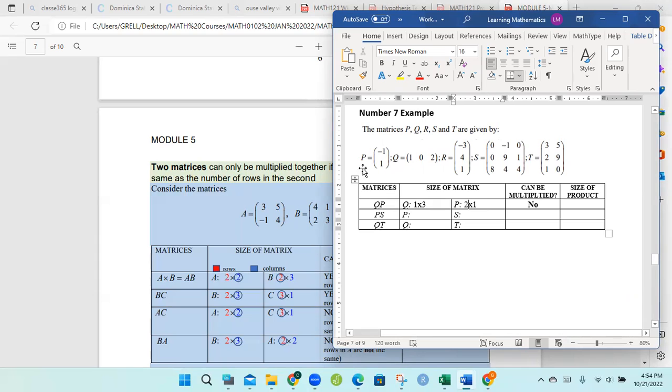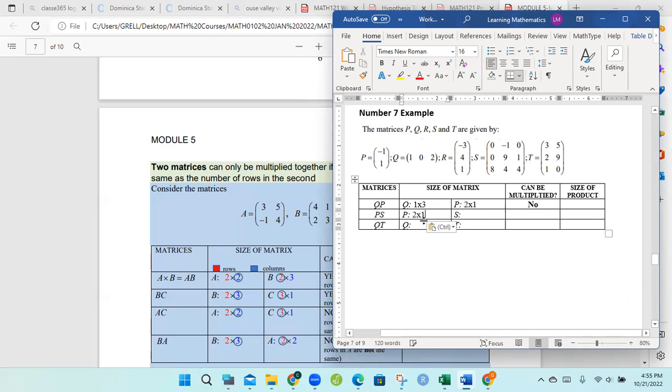PS. P times S. P, as we said, is a 2 by 1: 2 rows, 1 column.